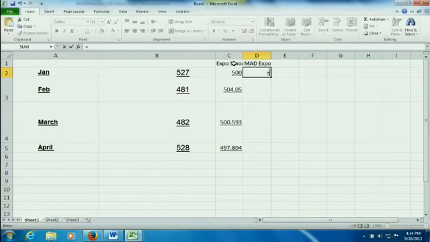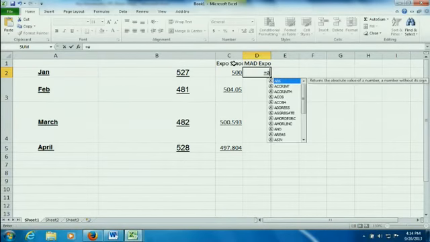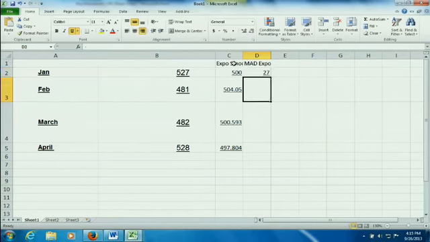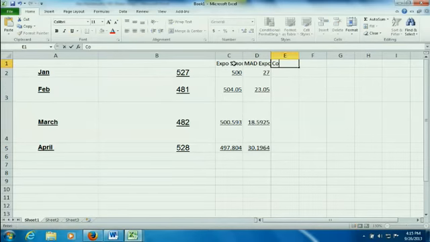And so we take the absolute value of forecast minus actual. In the first period we have 27, then 23, then 18, and then 30. Now, for a constant forecast of 500, we'll just put 500 and make it constant.